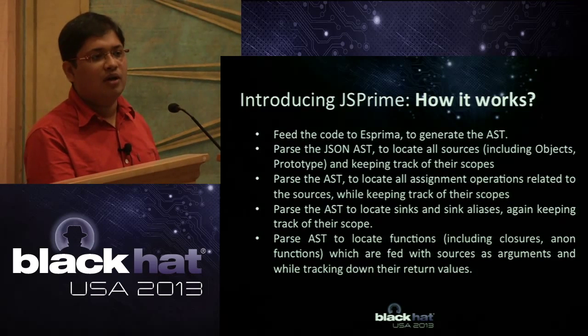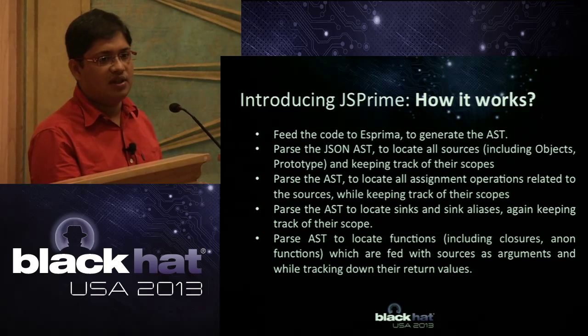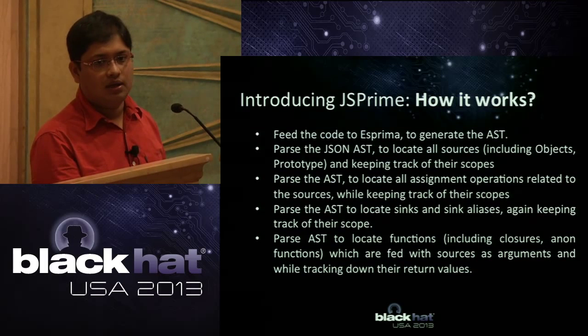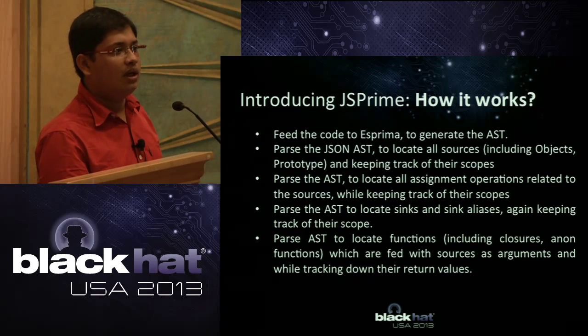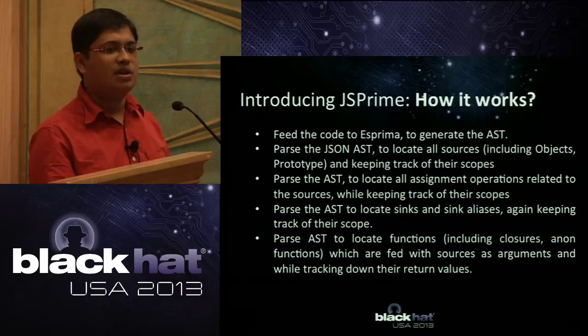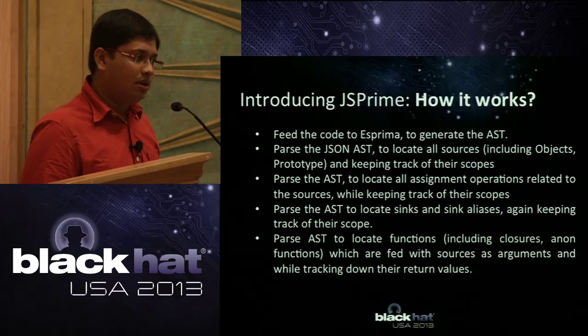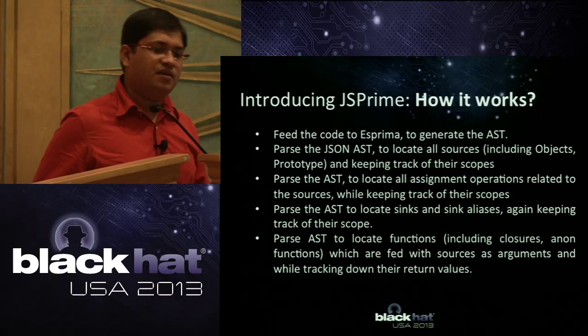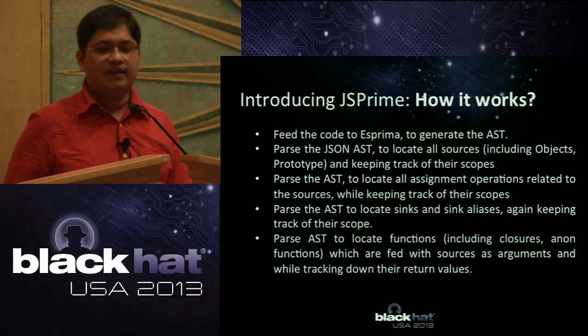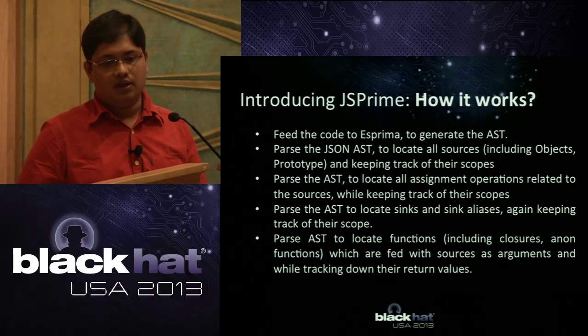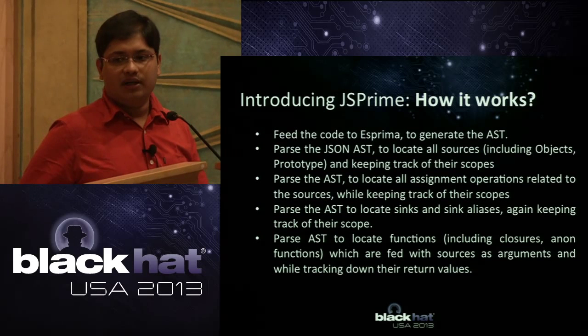I'm sure all of you are aware of these sources and sinks in context to JavaScript DOM accesses. So I'll just give a small introduction to sources. Any DOM APIs or any APIs in JavaScript that take data that can be manipulated by the user, or that take user data, we call them sources.